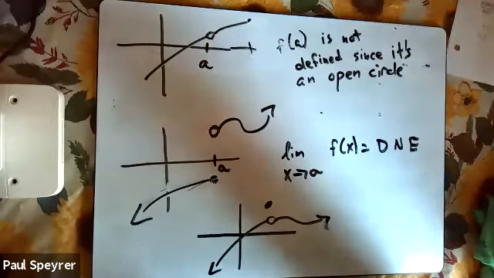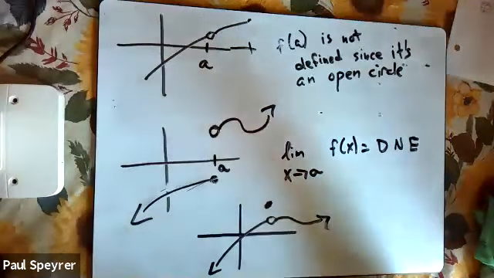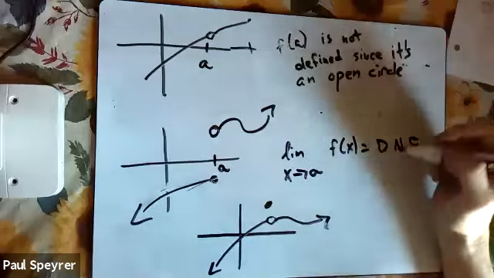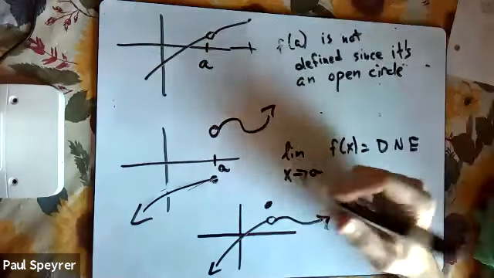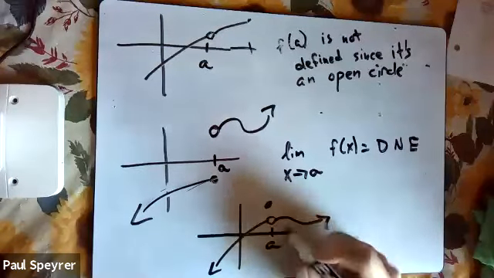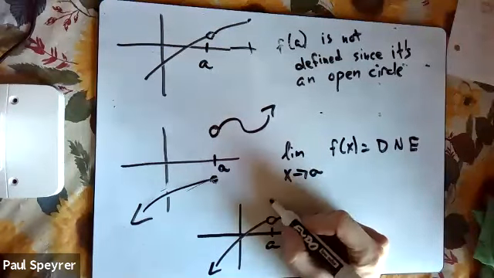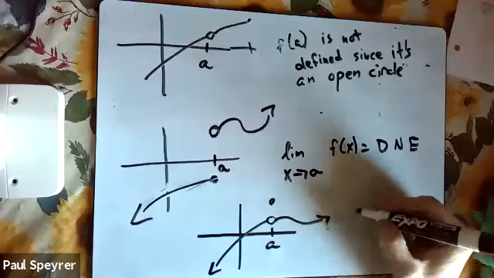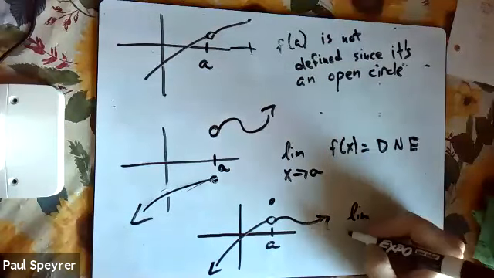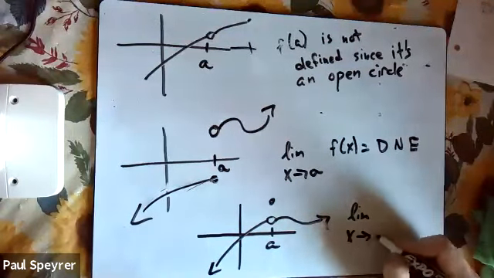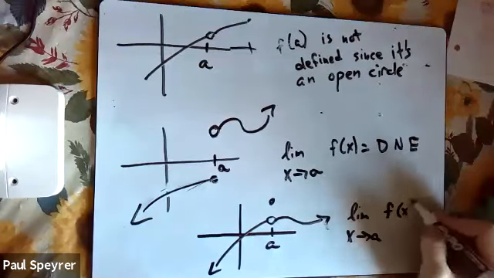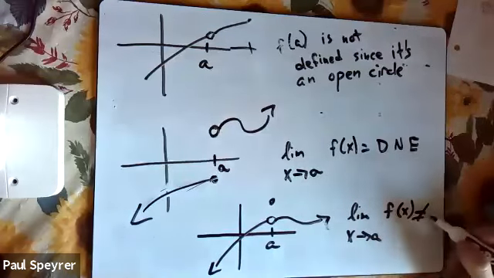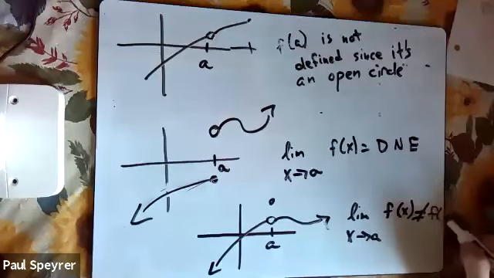So we're looking at failures, right? Remember the third case said the limit as x approaches a of f of x is equal to f of a. But right here, that's not true. So look, I'm putting does not equal f of a.